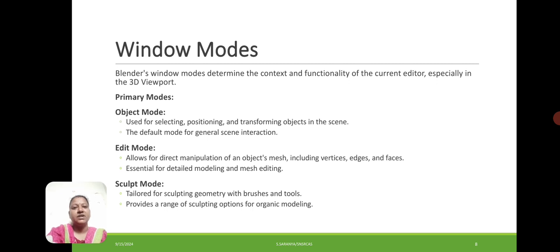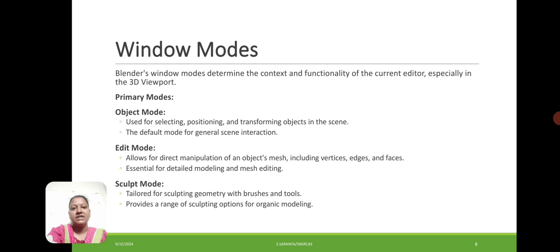Next is edit mode. Object mode is only used for selecting, positioning, and transforming the object. But in edit mode we use the edges, faces, and vertices for changing one shape to another shape.